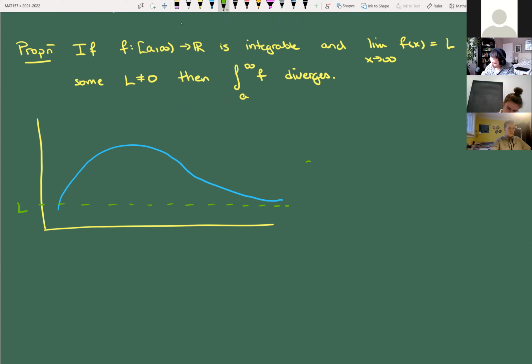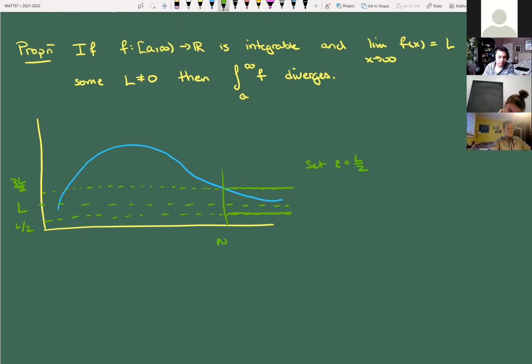That means that everything is within 3L over 2 and L over 2, right? That's our epsilon band. So beyond some point N, the function is always inside the solid band range.